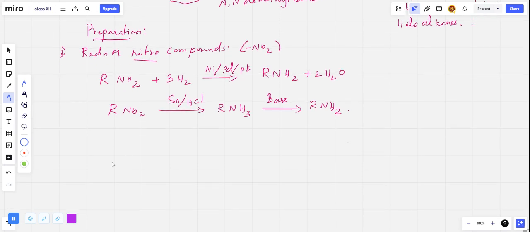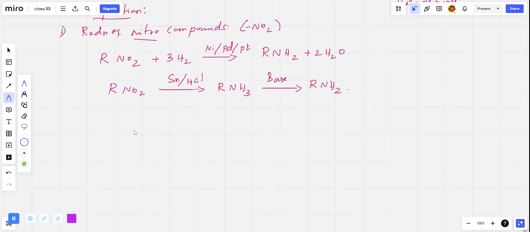In the same way, we can prepare aromatic amines also. Taking nitrobenzene with the same Sn/HCl and a base, we will get the aromatic amine, that is aniline.